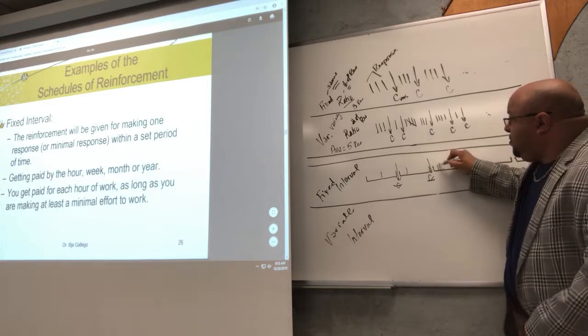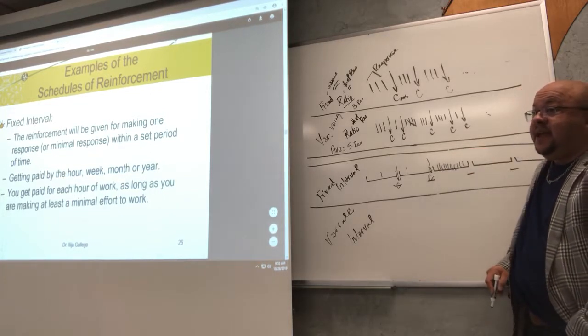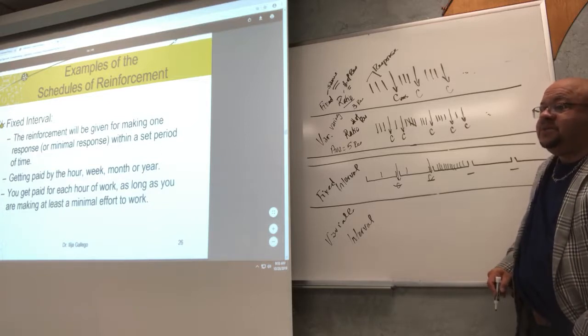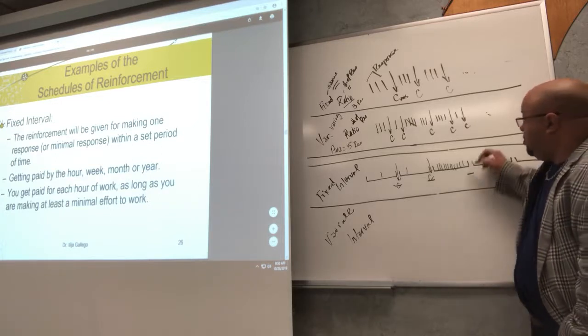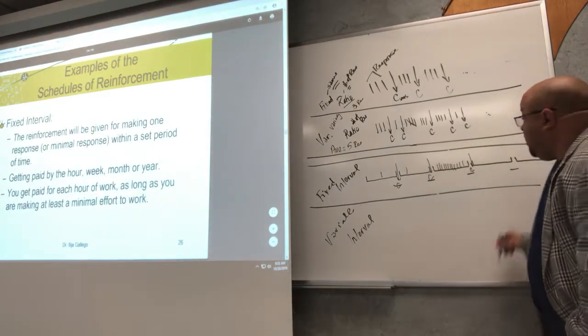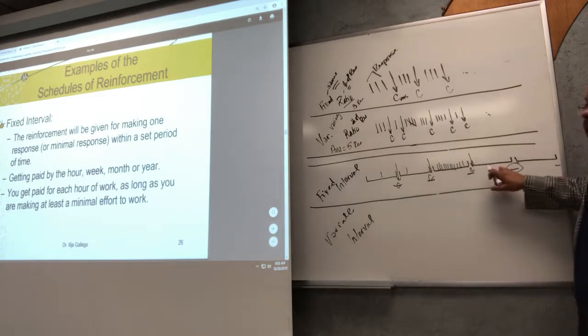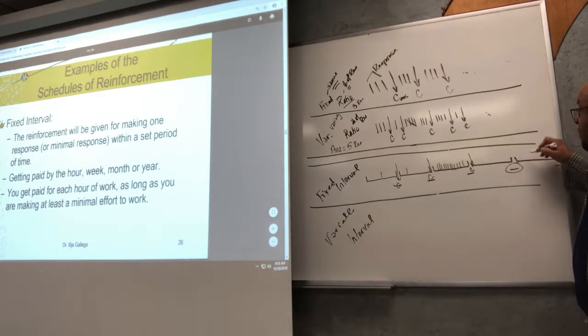What happens if the learner works their butt off? How many responses do they get? Excuse me, how many consequences do they get? Just one. And does it come any faster? No. So the only way to not get a consequence during this time period is to not work at all. So you make one response, you're going to get a consequence.